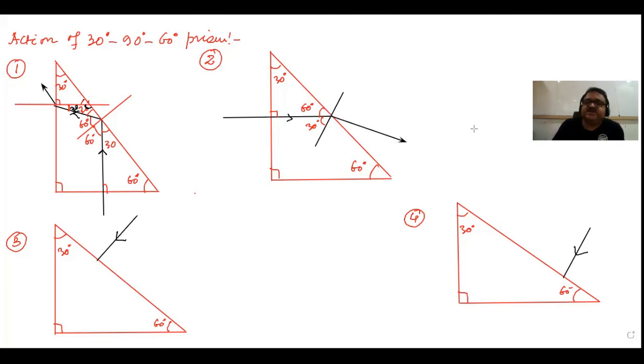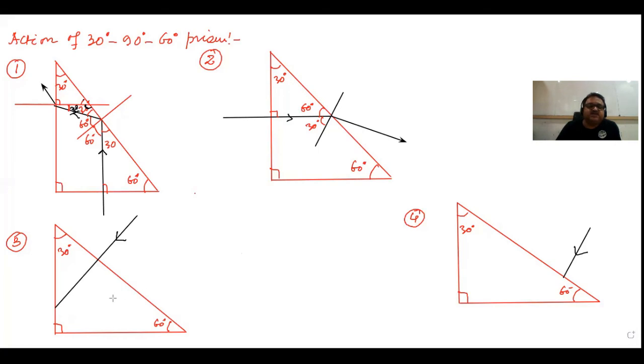Okay, next. Look at this diagram. This is falling like this. So extend this line first. Now our task is to draw the normal.